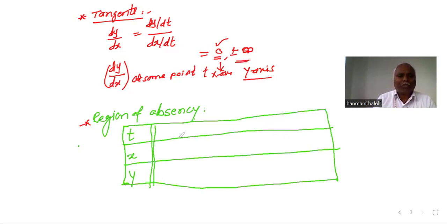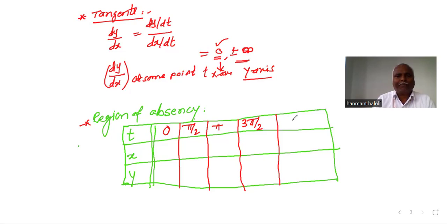Now selection of parameter. Here you can take 0, pi by 2, pi, then take 3 pi by 2, then take 2 pi, or a, it may be selected as a, b also.